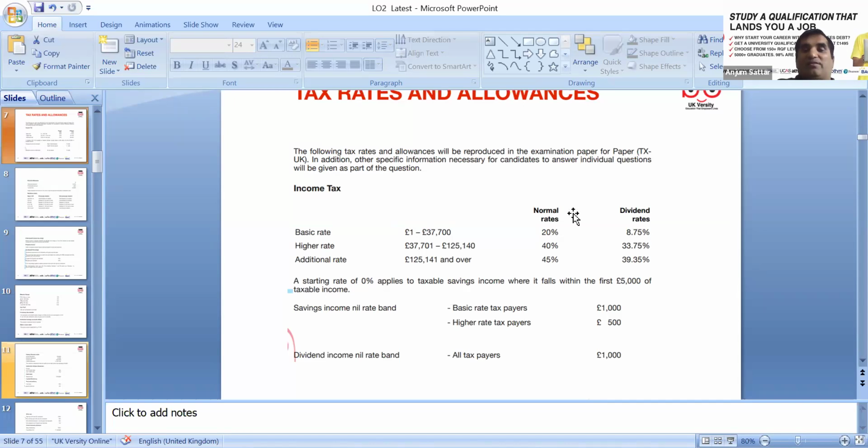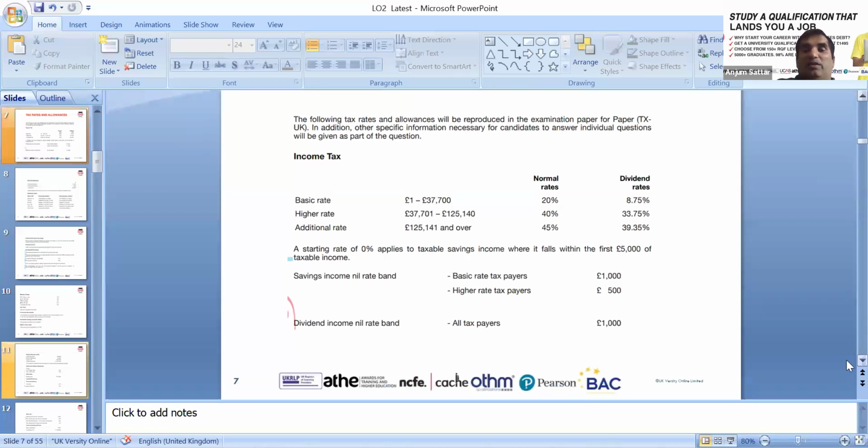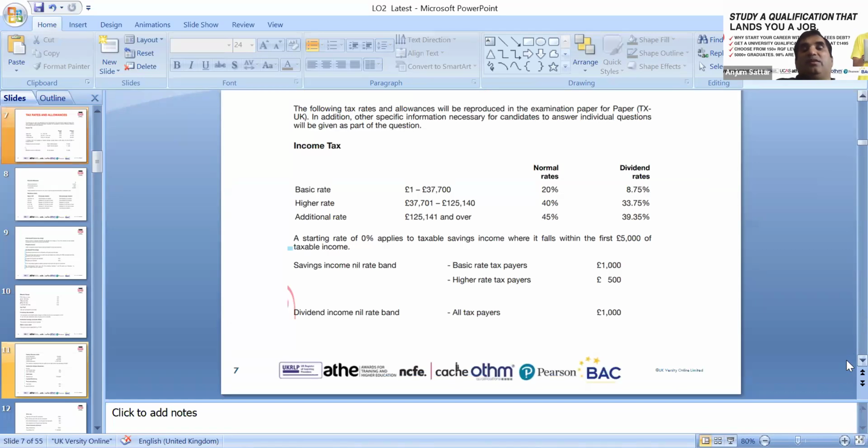For a basic rate taxpayer, if you earn 1,000 through savings income, there is no tax. If you are a higher taxpayer, earning more than 37,700 after the personal allowance, then you will be in the higher tax band, and up to £500 of savings income is free.